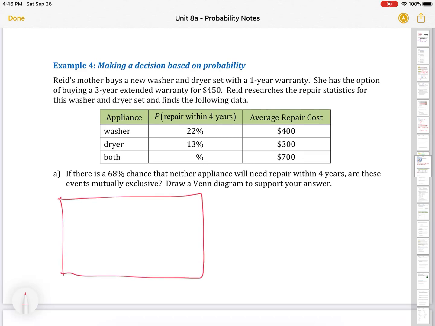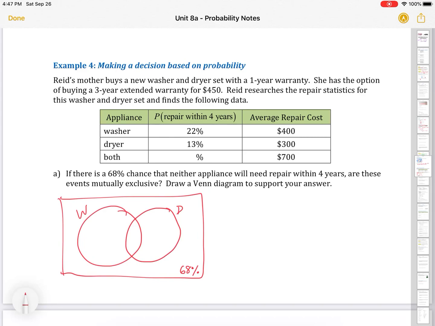So what we want to figure out is, it says if there is a 68% chance that neither appliance will need repair within 4 years, are these events mutually exclusive? So we have to sketch a Venn diagram to figure that out. So we have the washer and the dryer. Now the total is 68%. Right? So we expect the washer and the dryer to add up to 68%.